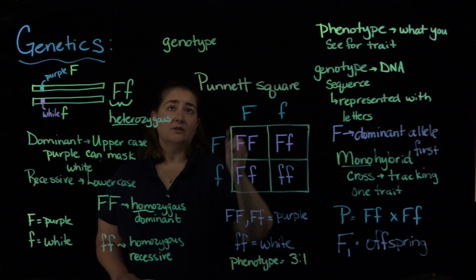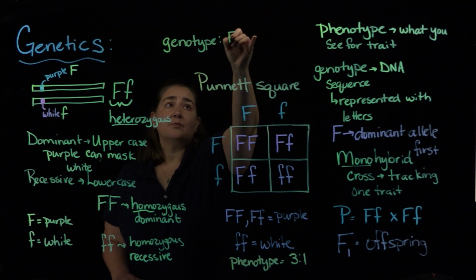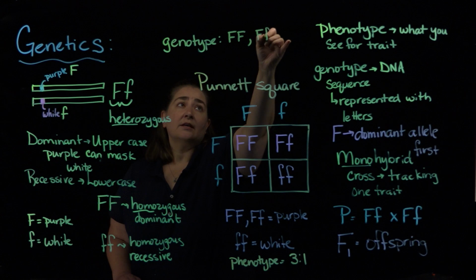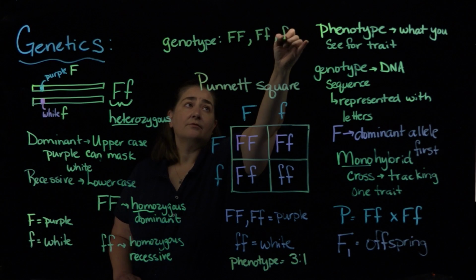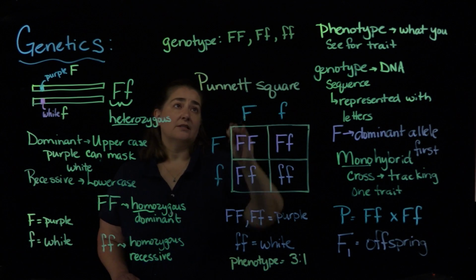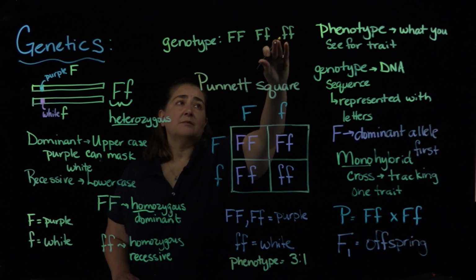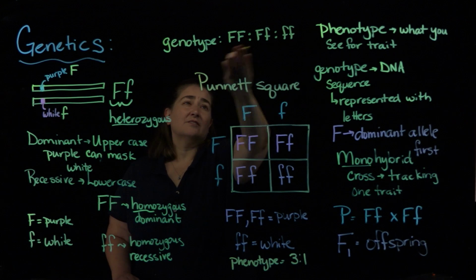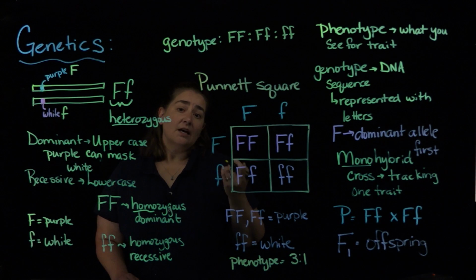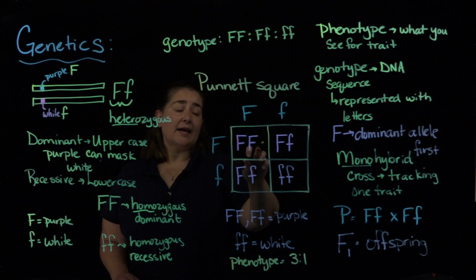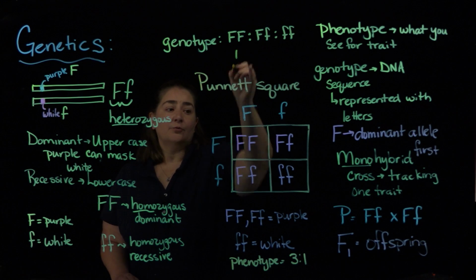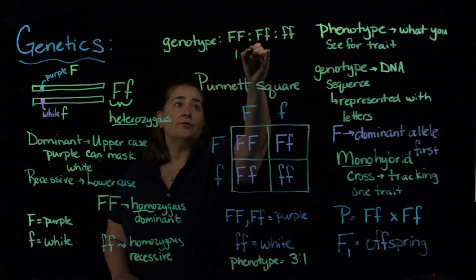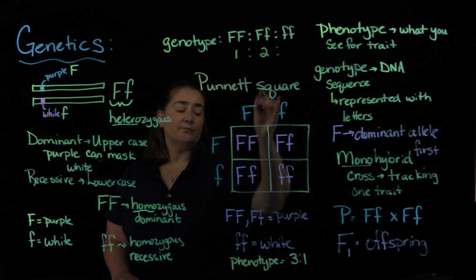Genotype ratio is going to be a little bit different. With the genotype, we've got capital F capital F, capital F lowercase f, or lowercase f lowercase f. And let me make those colons, okay? Now, when we look at that, capital F capital F, we've got 1. Capital F lowercase f, we've got 2.